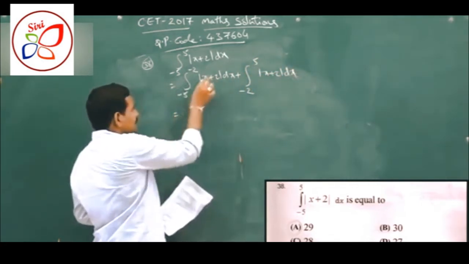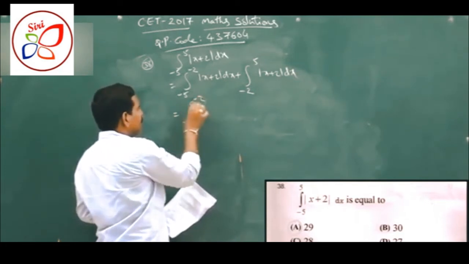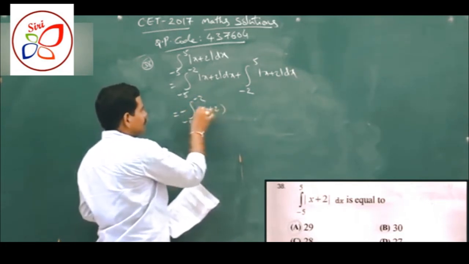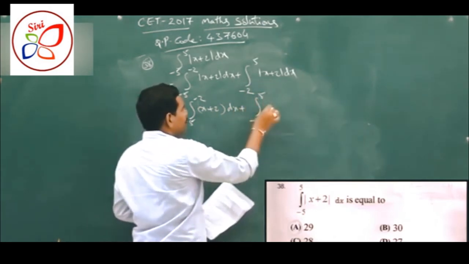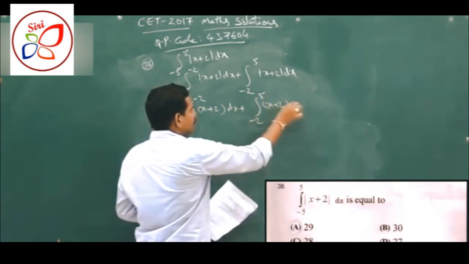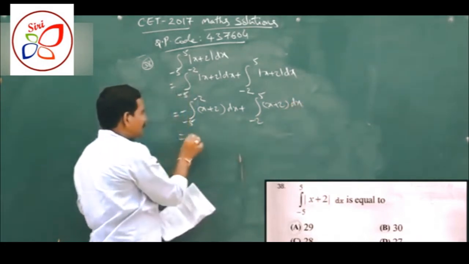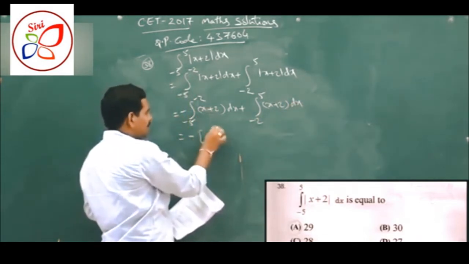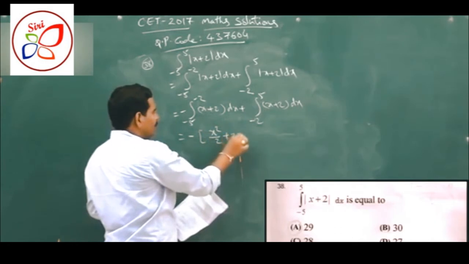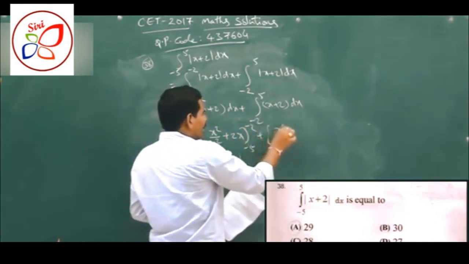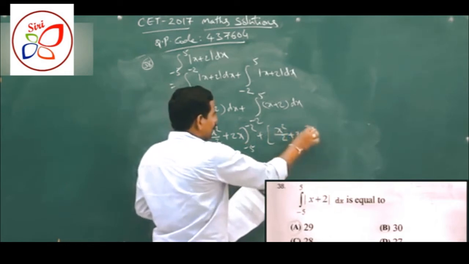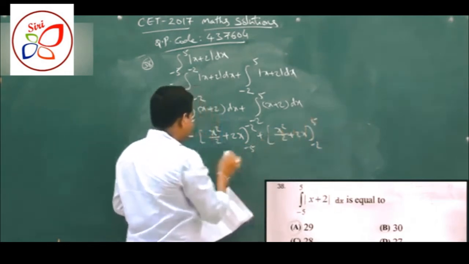In this region this is negative, and in this interval positive. So minus of integration of x is x square by 2 plus 2x between minus 5 to minus 2, and x square by 2 plus 2x between minus 2 to 5.